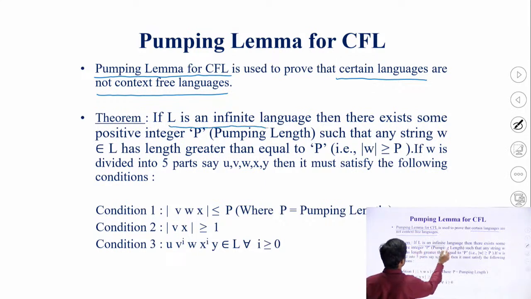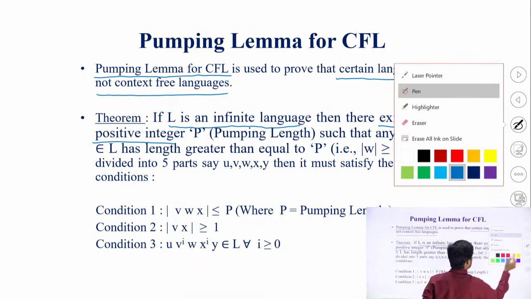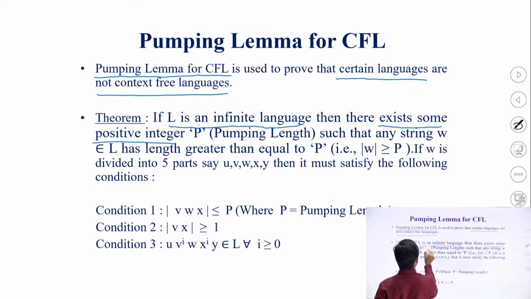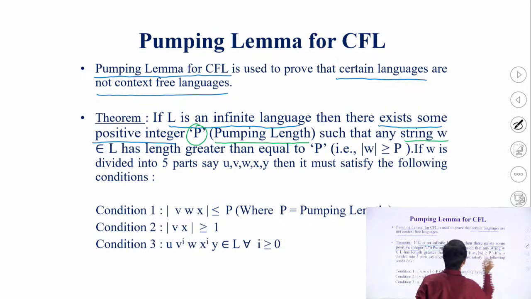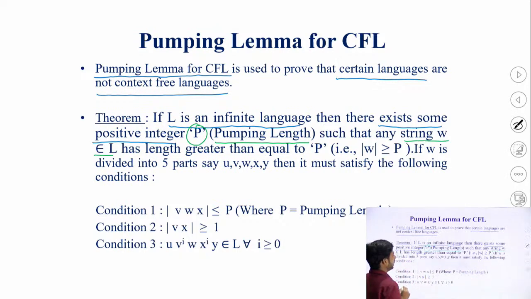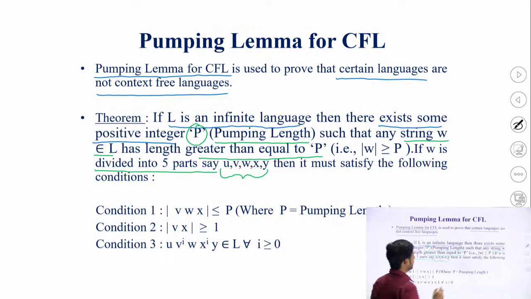If L is an infinite language, then there exists some positive integer p, the pumping length, such that any string w belonging to language L with length greater than or equal to p, if w is divided into 5 parts, say u, v, w, x, y, must satisfy these conditions.